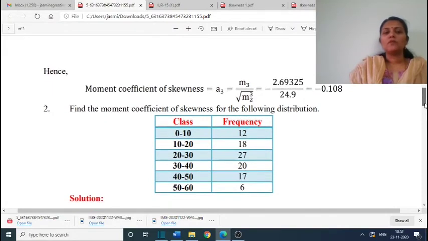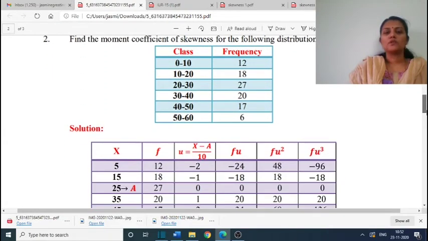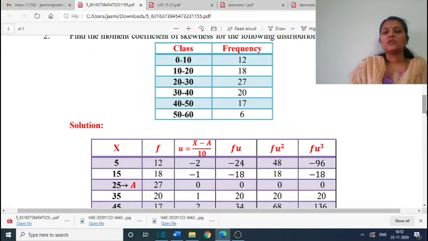Now, next problem: find the moment coefficient of skewness for the following distribution. Class 0 to 10, frequency is 12; 10 to 20, frequency 18; 20 to 30, frequency 27; 30 to 40, frequency 20; 40 to 50, frequency 17; 50 to 60, frequency 6.